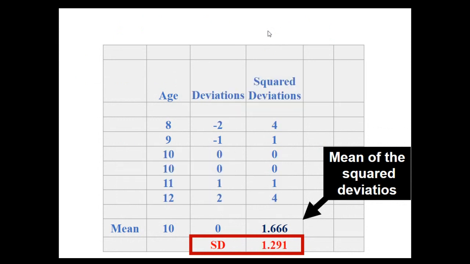The standard deviation is 1.291. And we got that number, 1.291, by taking the square root of 1.666. Because remember, the standard deviation is the square root of the mean square. Okay, so this is what we were looking for, the standard deviation.